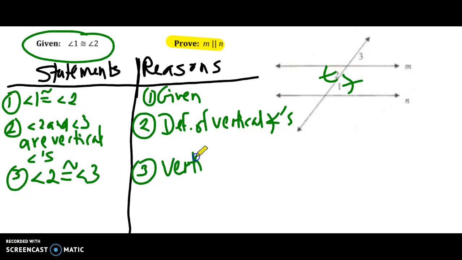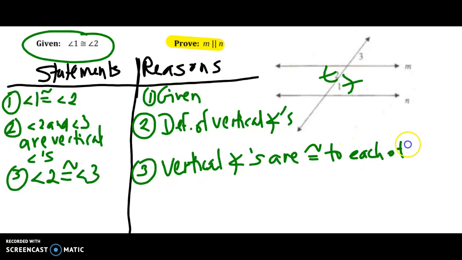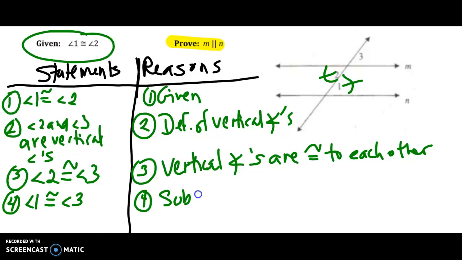Vertical angles are congruent to one another. Well, now we can say that angle 1 and angle 3 are congruent through substitution or transitive. And notice that angle 1 and angle 3 are corresponding angles. So for my final statement, I can say that M is parallel to N.